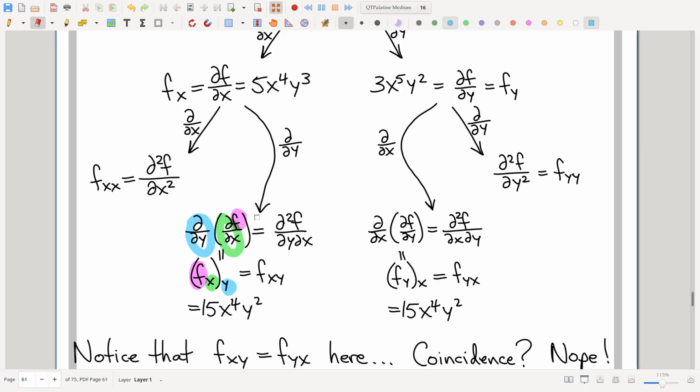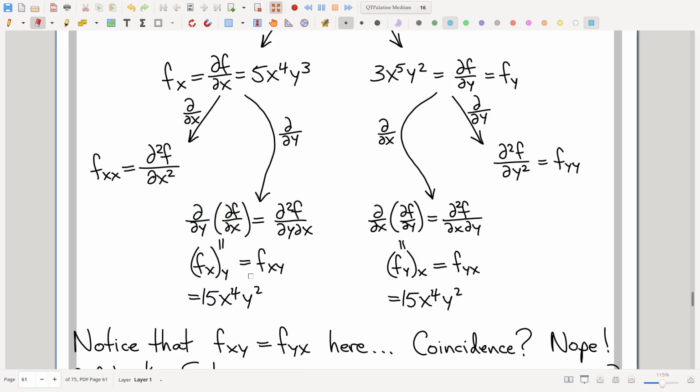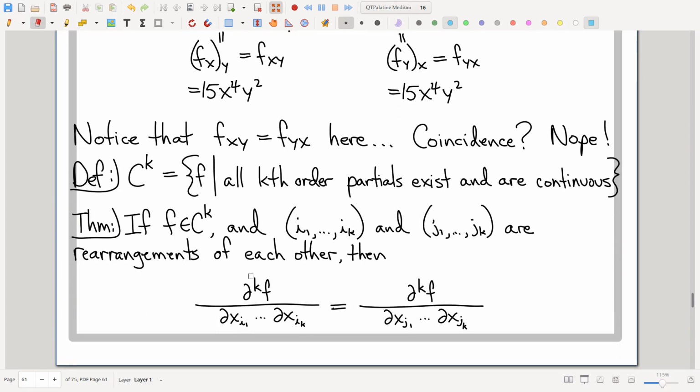I'm also very quickly going to recognize here that, check it out, whichever order you do the partials in, whether you do x then y, or y and then x, whichever way you go, oh my gosh, what are the odds? Same answer. That's an eyebrow raiser. Isn't that weird?